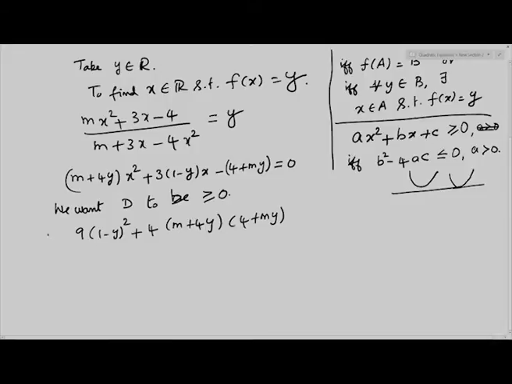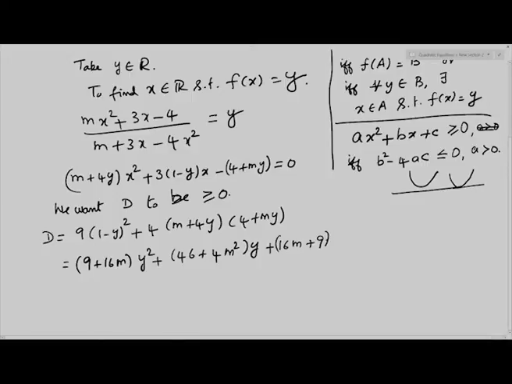If I simplify this, I can write it as a quadratic in y: (9 plus 16m) y square plus (46 plus 4m square) y plus (16m plus 9).